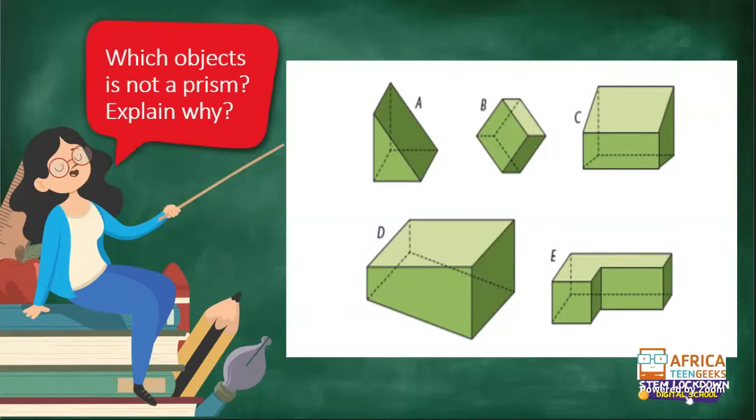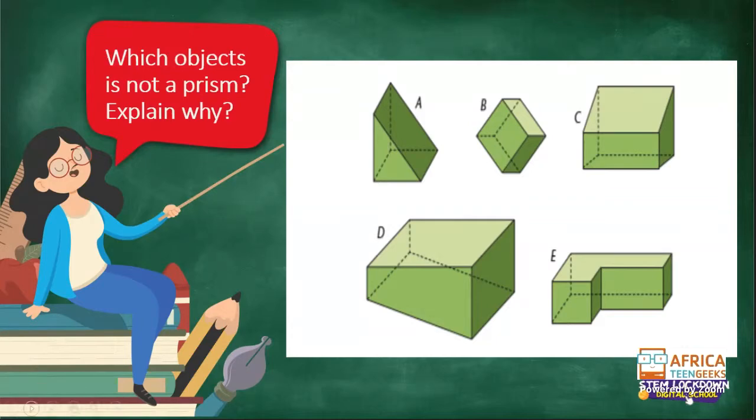Right, and Joel says because the opposite sides are not made from a 2D shape. A 2D shape is not the same from either end because it does not have the same length, width, and height. Thank you so much. All the answers given for C, D, and E are correct.